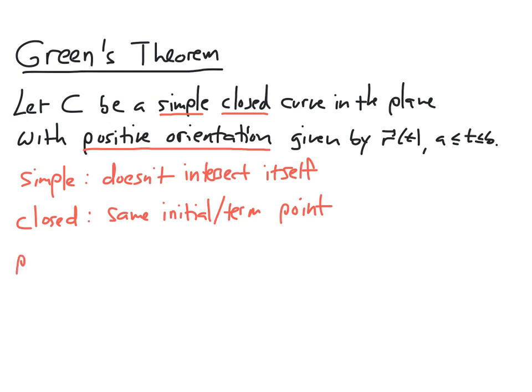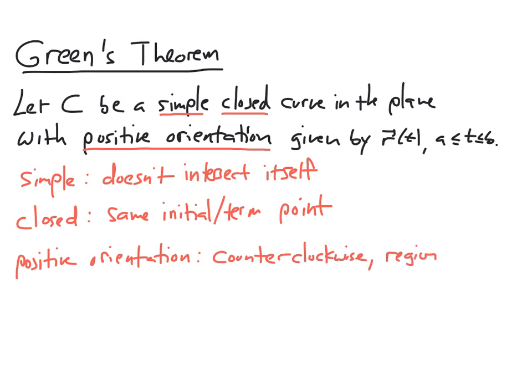The other term here is positive orientation. This just means that the curve is going to be oriented counterclockwise, and the region is always on the left of the curve.